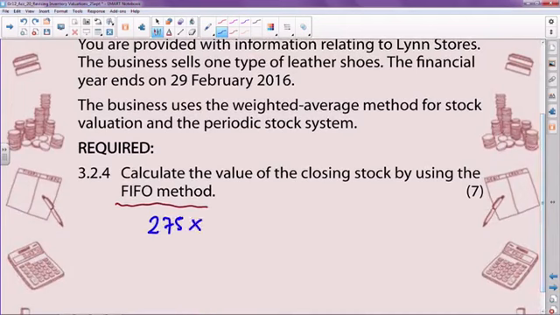Let's do that calculation. So we've got 275 pairs of shoes times the value 755 to give me a value of 207,625.